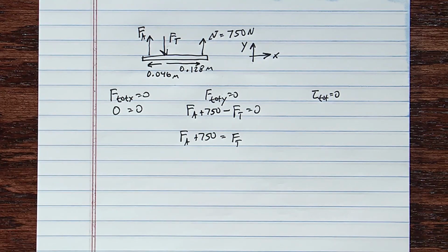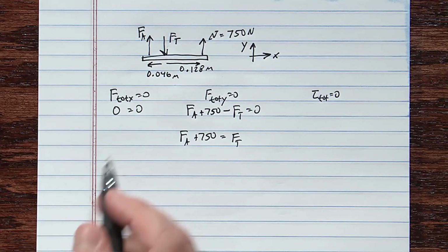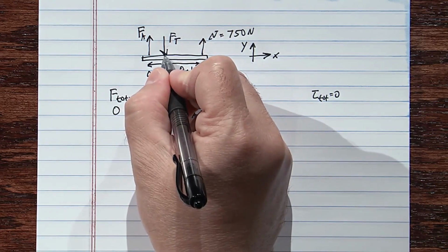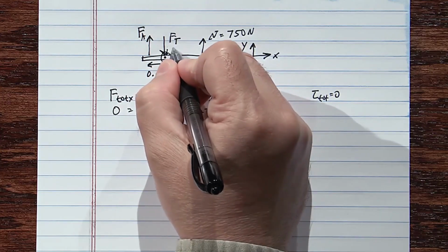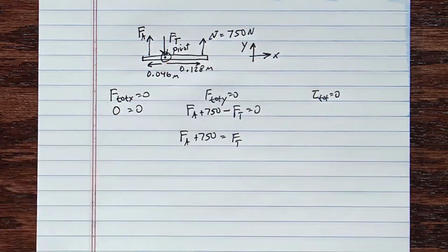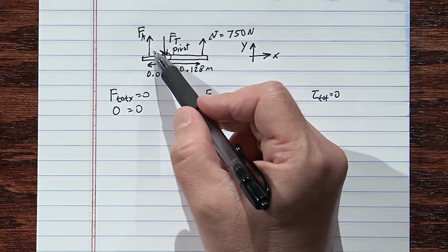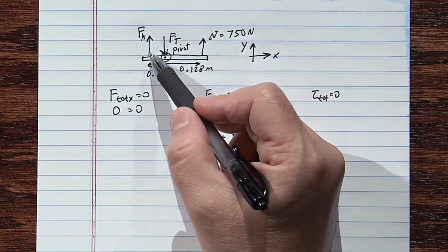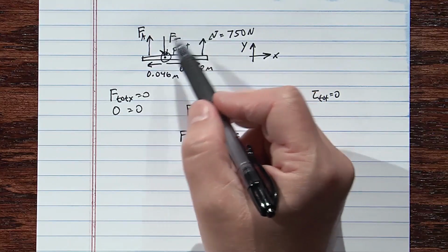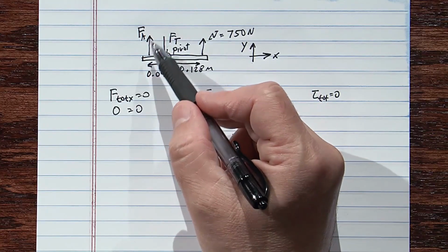For our torque equation, we have to pick a pivot point. Since I have the distances measured from the tibia, and since the tibia is an unknown force, I'm going to put the pivot point right there at the tibia. And that tells us, well, first we have to look and see whether our forces are positive or negative. The force of the Achilles tendon will tend to make the foot pivot clockwise.